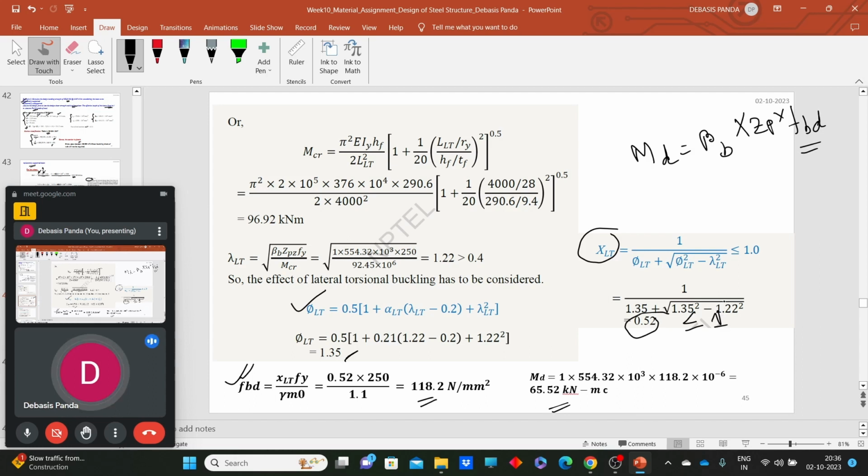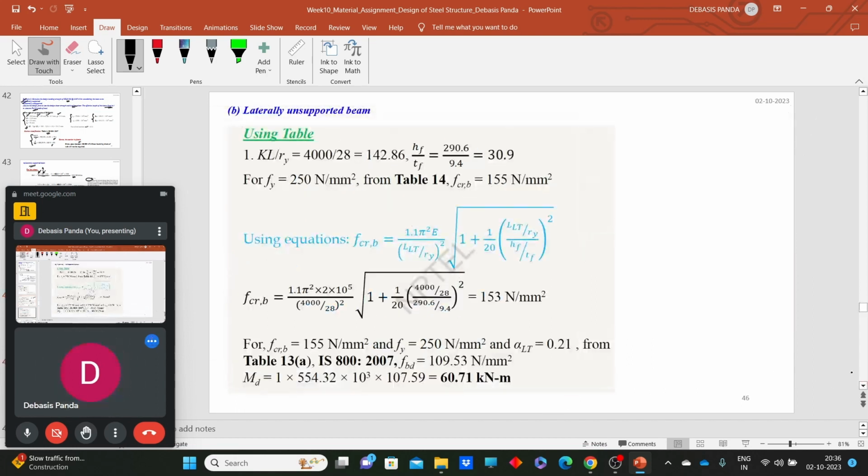Now this is the process using the formulas. Now if we use the tables, Table 14 and Table 13a, we just need these two tables. Corresponding to that fy 250 and the KL/ry value, we can directly get the fcr,b value from Table number 14.